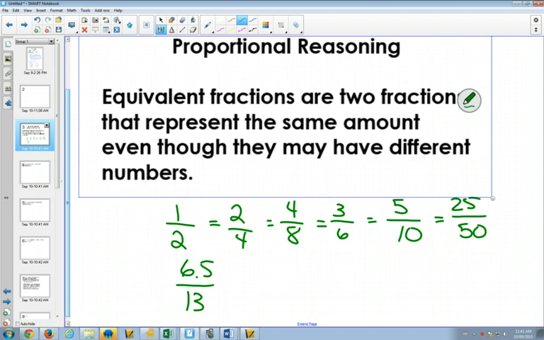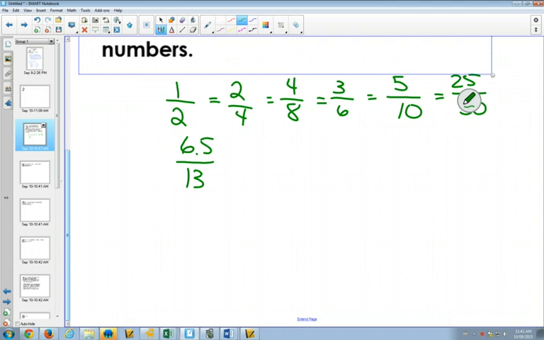Now one thing you can do with fractions is if you start with a fraction like a half, and you want to find a fraction that's equivalent, you can pick any number you like, and as long as you multiply or divide both the top number and the bottom number by that same amount, those fractions will be equivalent.